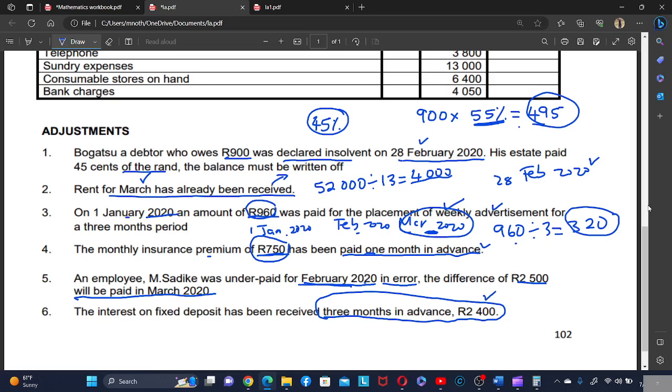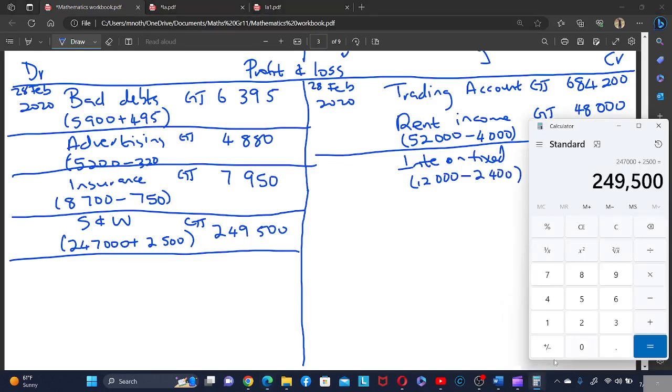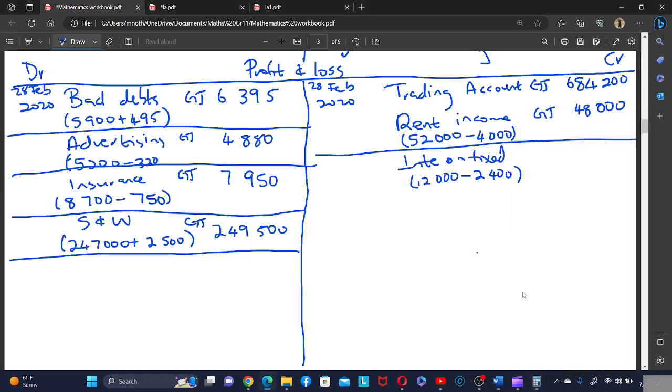It does not belong in our financial year. So therefore, we must come and subtract it because it does not belong in this financial year. Okay, so 12,000 minus 2.4, that is 9,600.